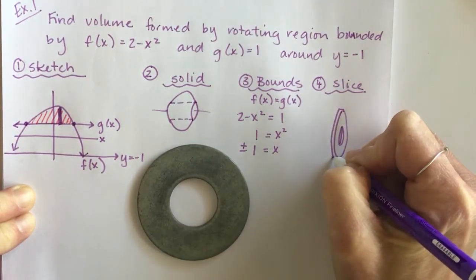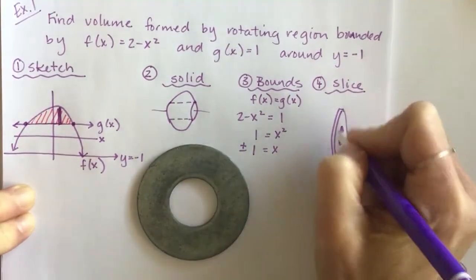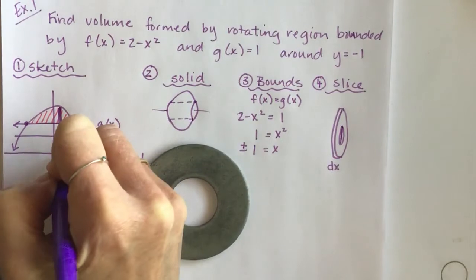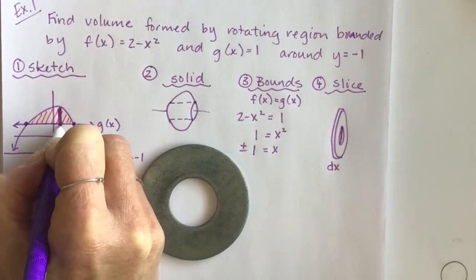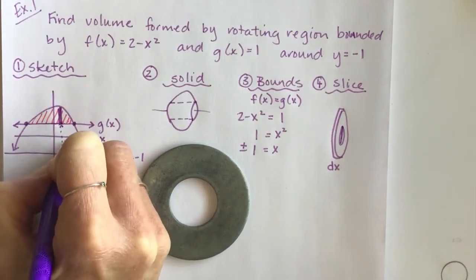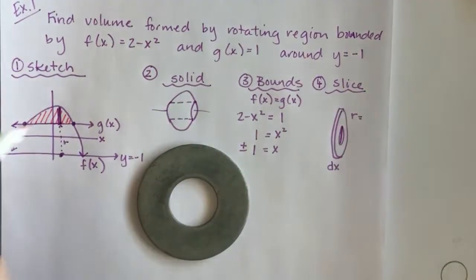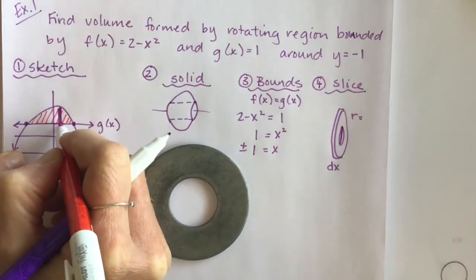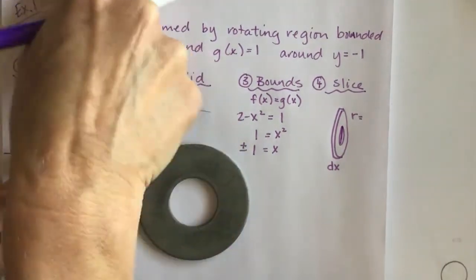Right. Okay, and it's a vertical slice, so the thickness is dx. Little r in here is from this function up to the bottom of our slice, little r. So we're going to take this function, g of x, minus this function, which is -1.